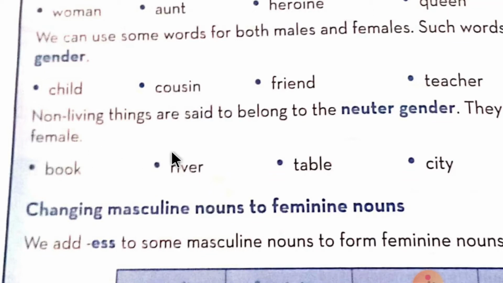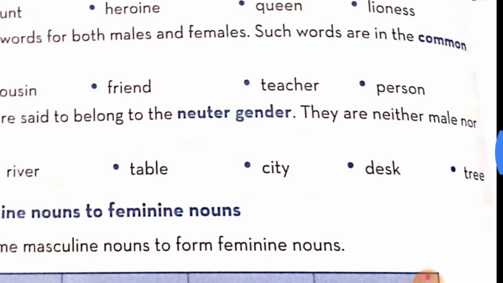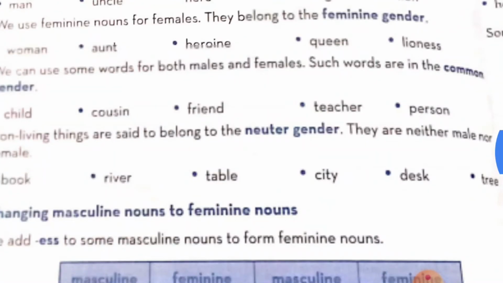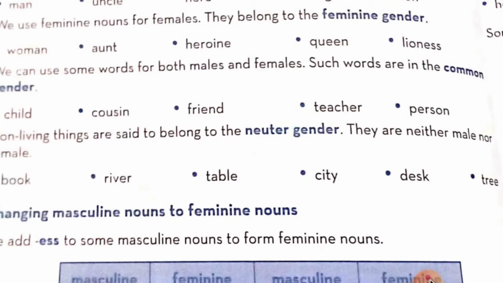So all non-living things come in neuter gender. For example, book, river, table, city, desk, tree, etc. All these are called neuter gender. Now, to understand this properly, I will show you a video about this chapter, and you observe this video.